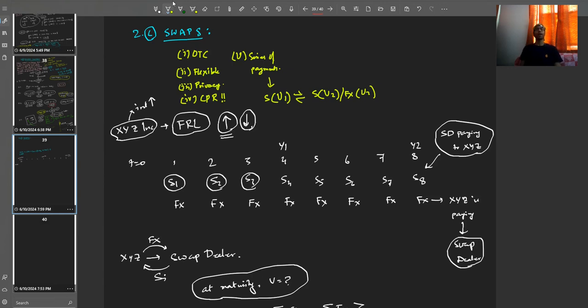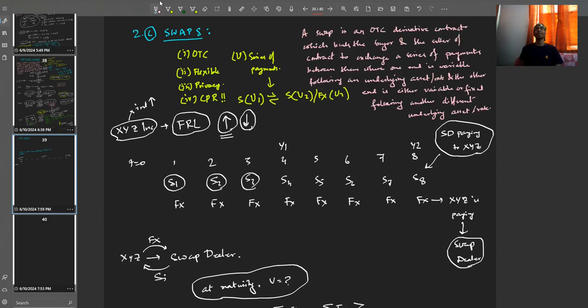Now we are in a position where we are able to define the swaps. Let's try to define it. A swap is an over-the-counter derivative contract which binds the buyer and the seller of the contract to exchange a series of payments between them, where one end is variable following an underlying asset or rate, and the other end of the payment is either variable or fixed following another different underlying asset or rate.